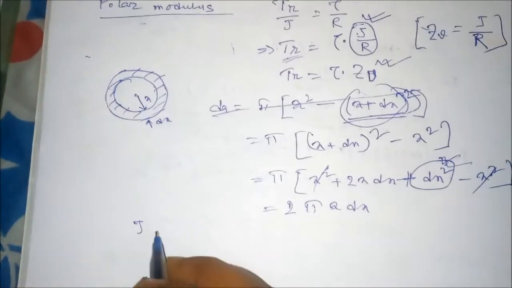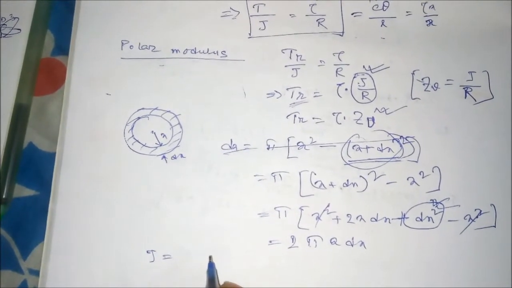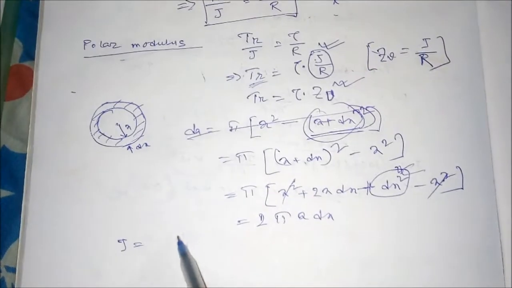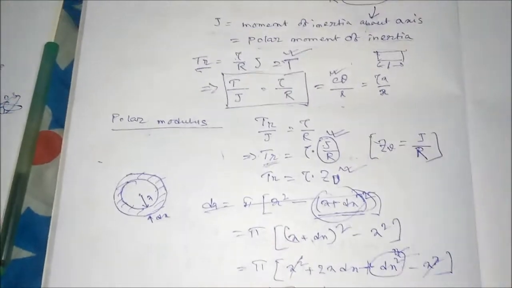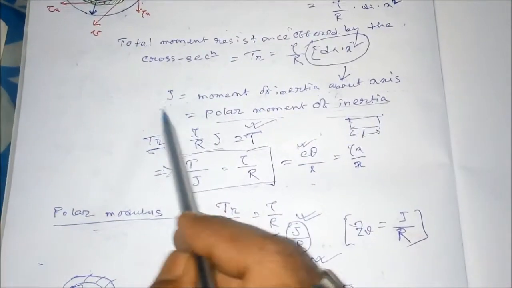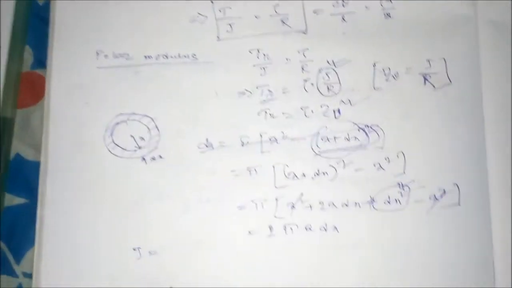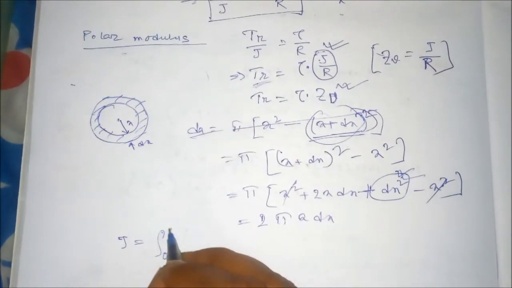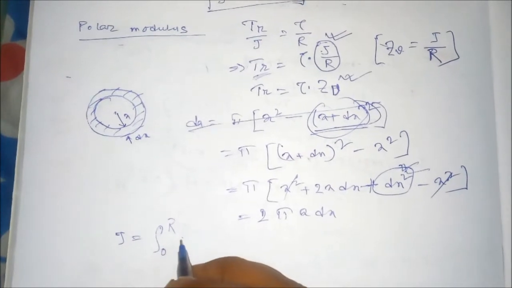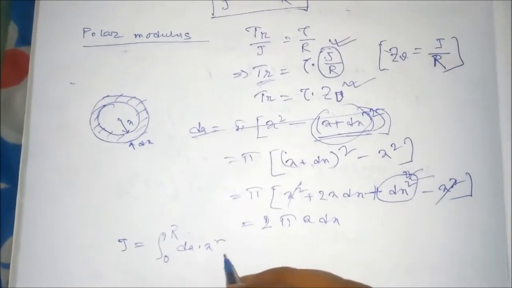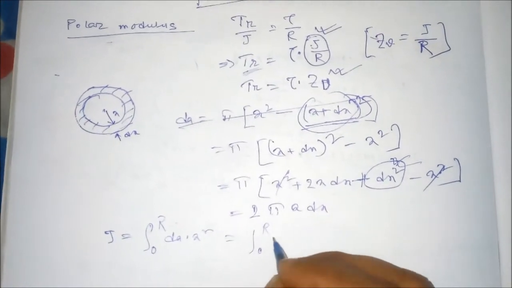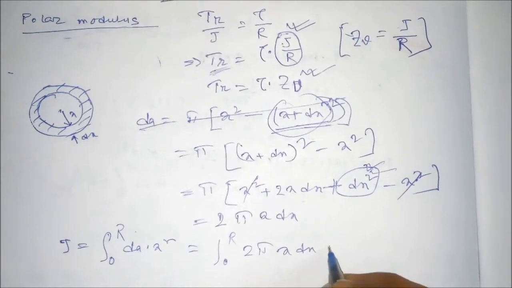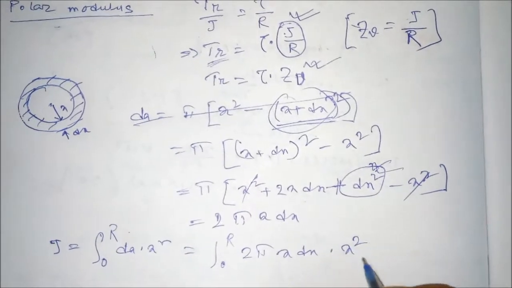Now what is J? In the last class we found that J is nothing but the summation, if you sum up from 0 to R, of dA multiplied by x square, then you will get J. So dA will be equal to 2 pi x dx multiplied by x square.